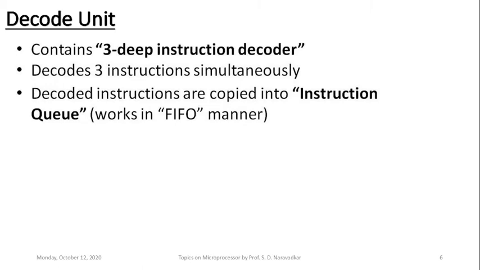As shown in the architecture of this 386DX, the decode unit internally contains 2 sections, the instruction decoder and the instruction queue. Once decoding is carried out by the 3-DIP instruction decoder, those simultaneously decoded 3 instructions will be copied to the instruction queue, which works in first in first out manner, FIFO manner, as we know.